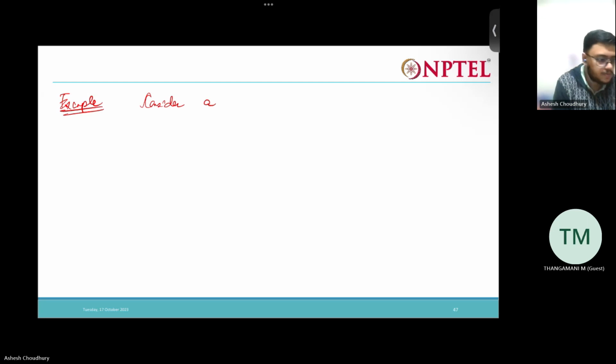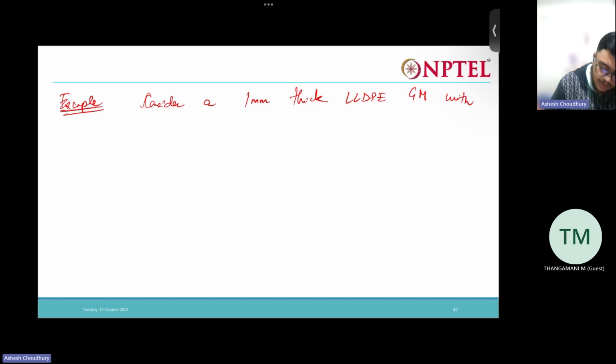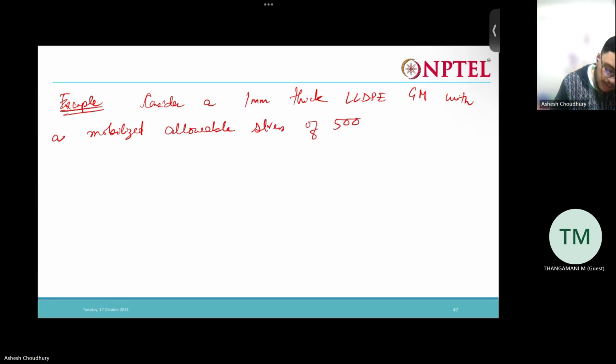Consider a 1 mm thick LLDPE geomembrane with a mobilized maximum allowable stress, the T allow, of 5000 kPa, on a 3 horizontal to 1 vertical slope.